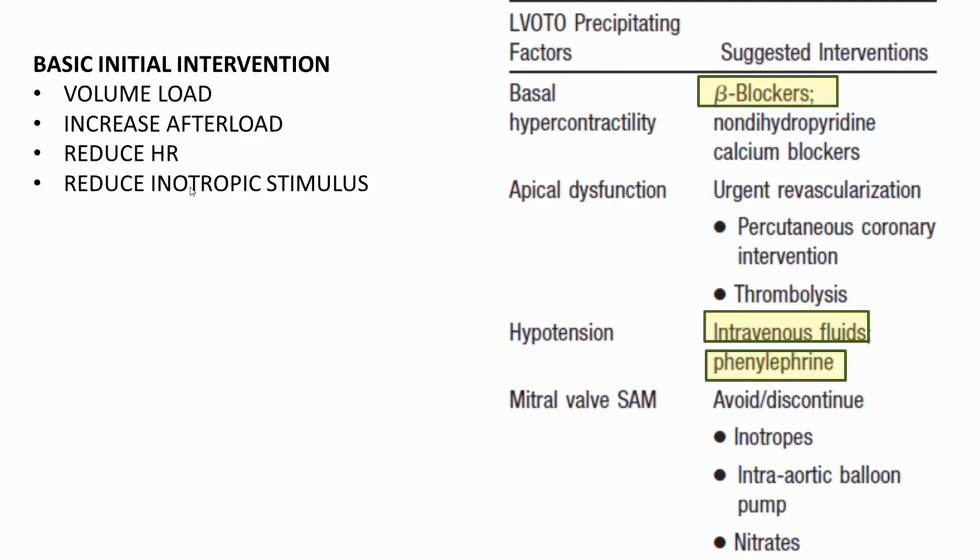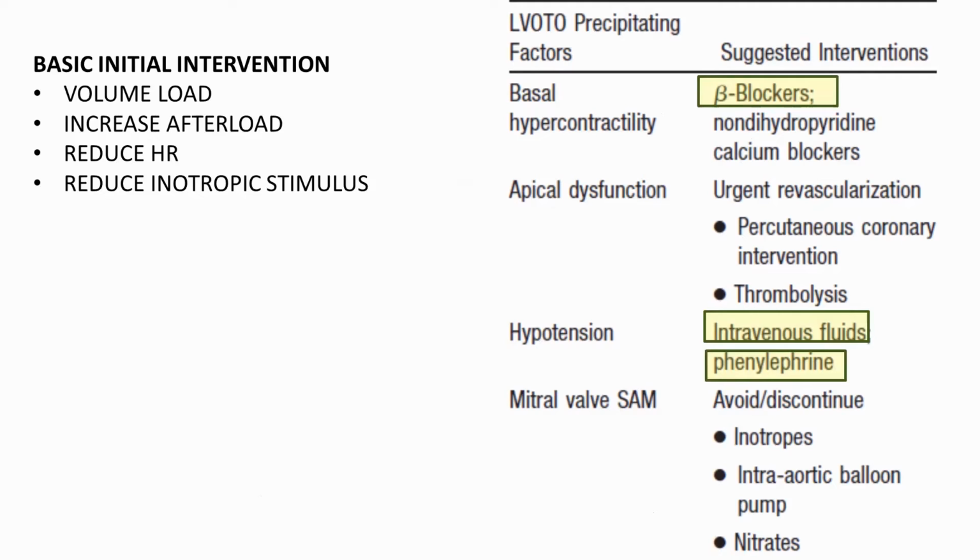So the basic initial interventions you're all aware of: volume loading, increasing afterload, reducing heart rate, inotropic stimulus, beta blockers, calcium channel blockers, diltiazem, verapamil. Changing over from noradrenaline to phenylephrine, we sort of reflexly do that.